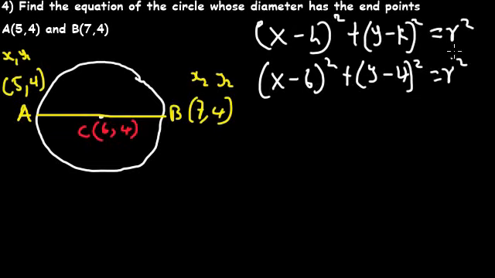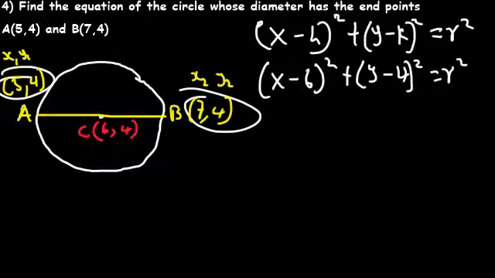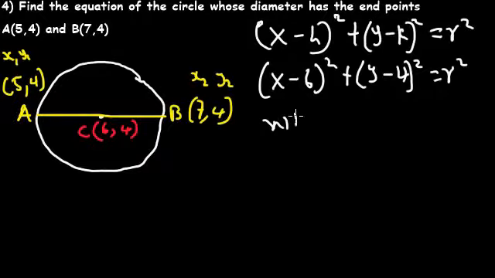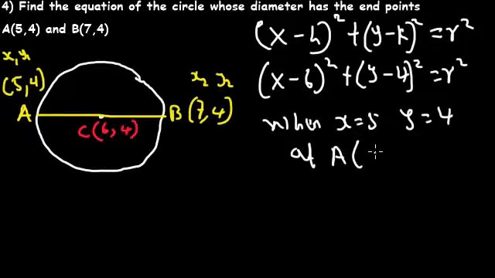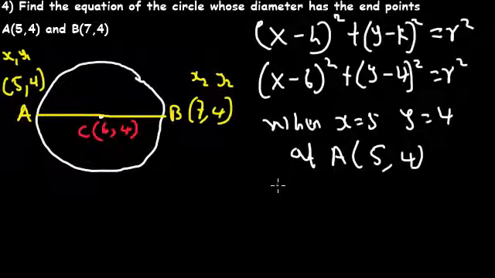Now, the goal is to find the value of r. Regardless of the point you use, you will end up with the same result. So for me, I would like to use (5, 4). So when x is equal to 5, y is equal to 4 at point A. If we plug in the values of x and y respectively, we will be able to find the radius.